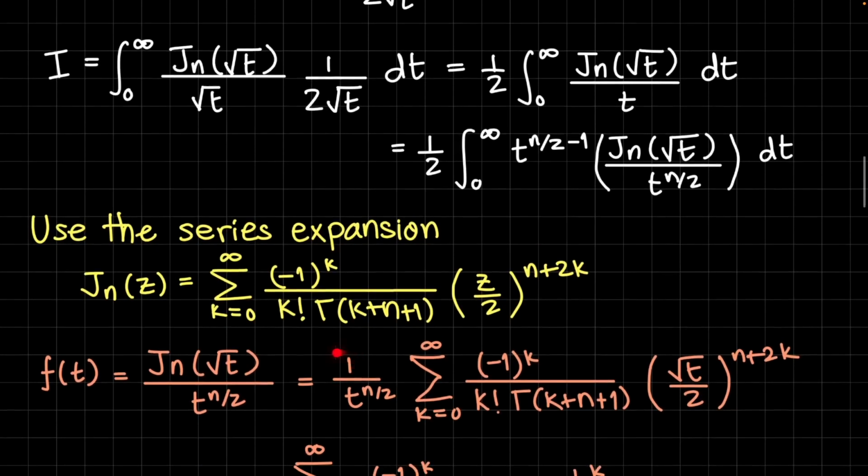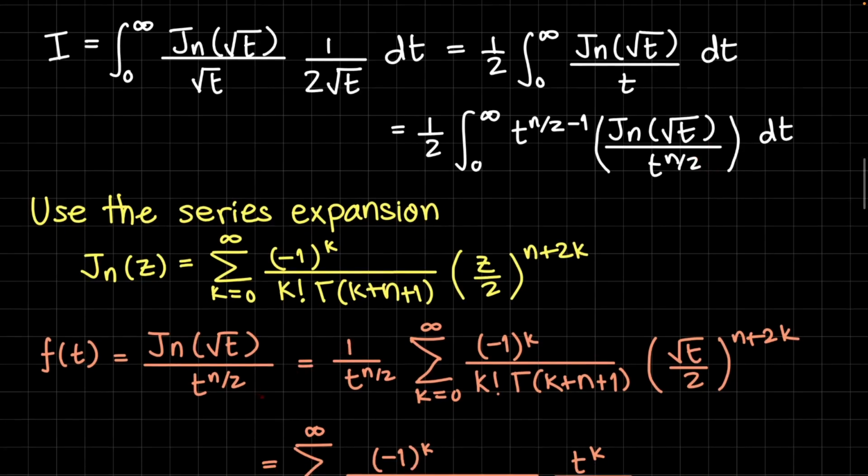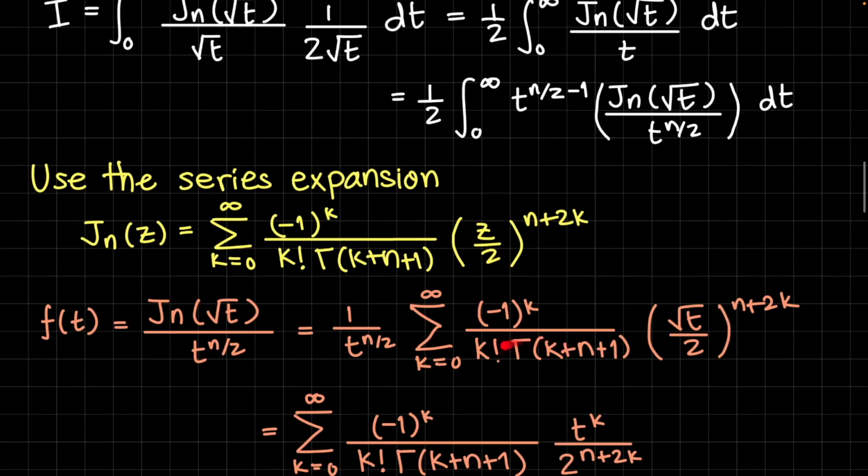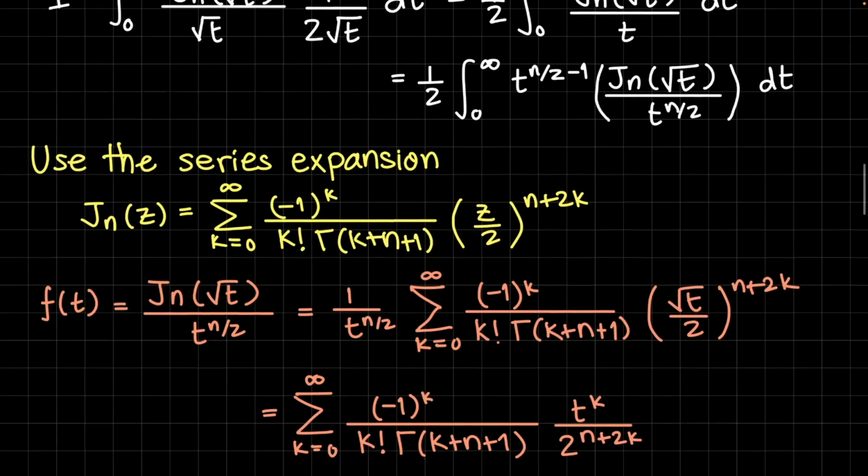So what we had before, let's call that f of t, which is just the term in the bracket: J_n(square root t) over t to the n over 2. So we can pull the n over 2 outside, 1 over t to the n over 2, and use the series expansion for the Bessel function. So we get sum from 0 to infinity of (minus 1) to the k over k factorial gamma(k plus n plus 1) times (square root t over 2) to the n plus 2k power.